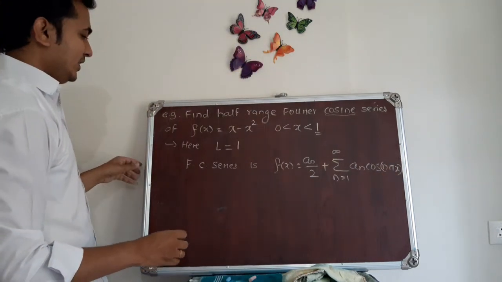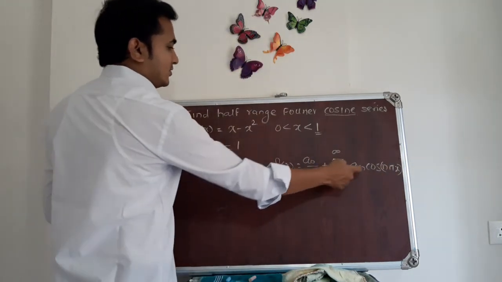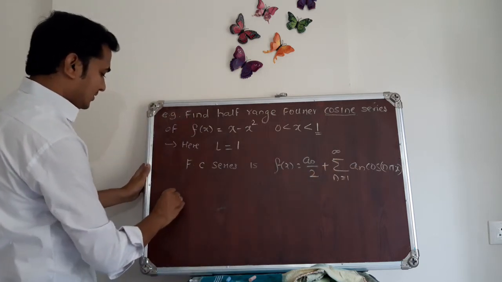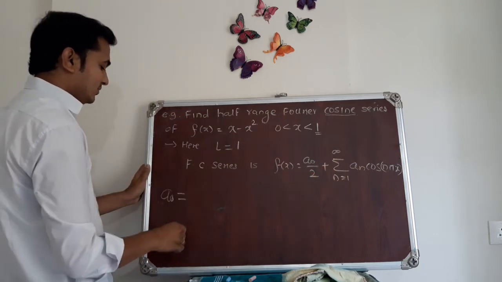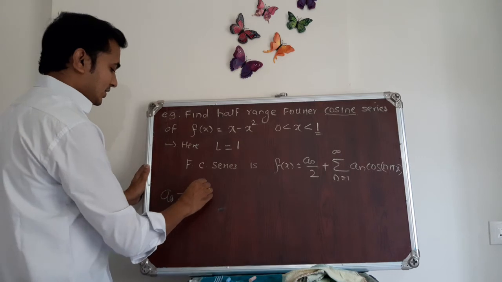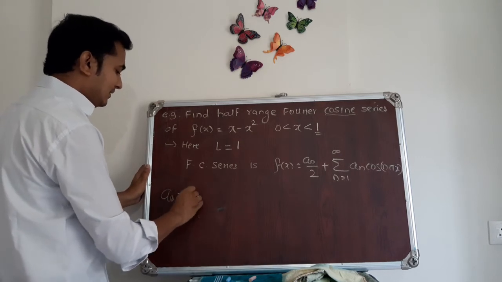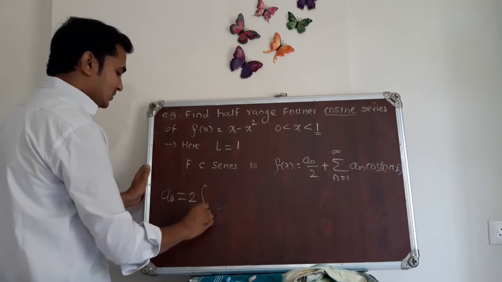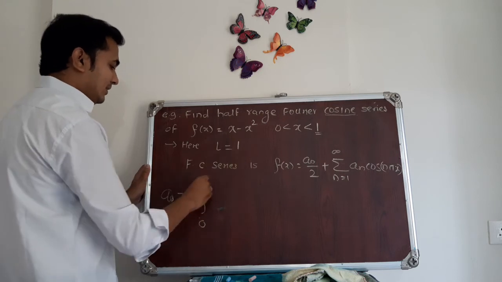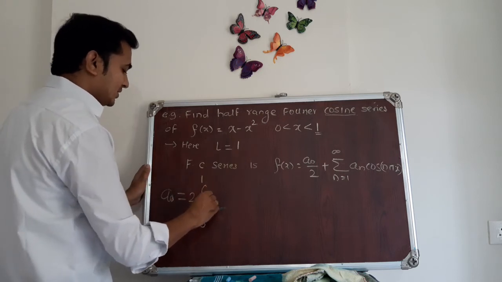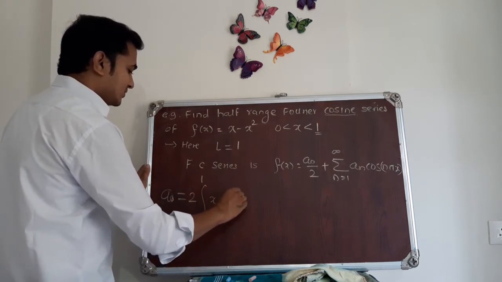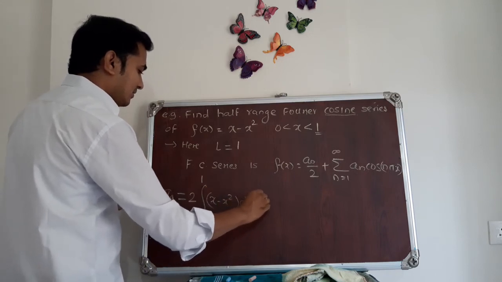Alright, so a naught is 2 by L, so L is 1, integral 0 to L f of x, that is x minus x square dx.